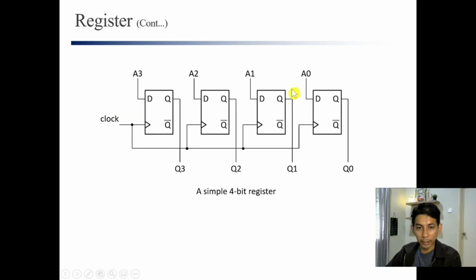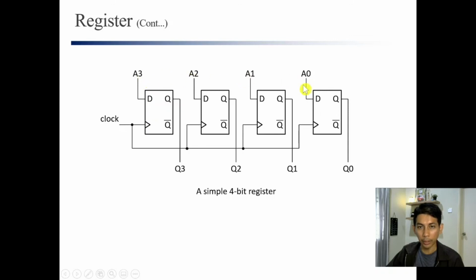For example, this one is the 4-bit register. Where you can see that you have four flip-flops here connected like this. Then you get the 4-bit register. So we will see here, this is the input A. A is 4-bit.